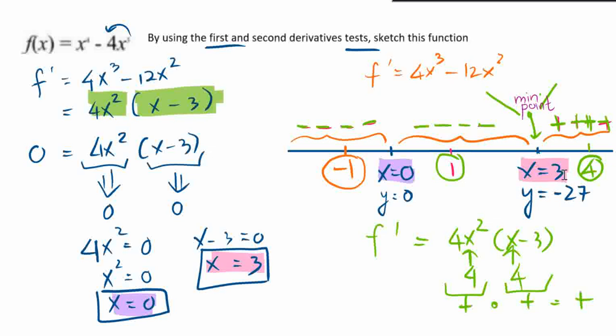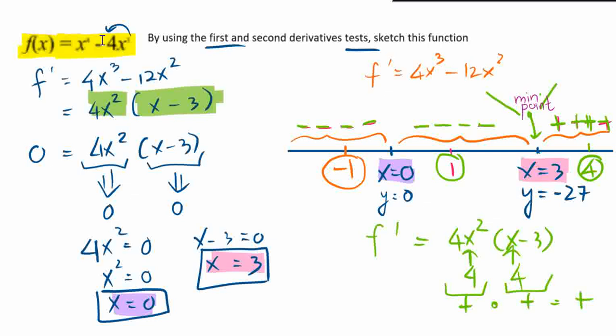Now let's plug 3 into the original equation, which is f of x equals x to the power 4 minus 4x cubed.